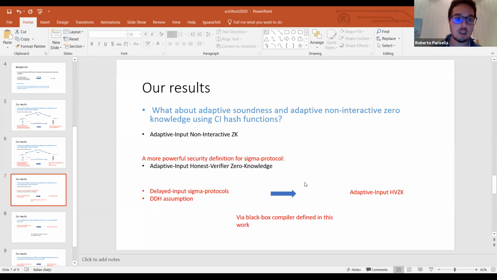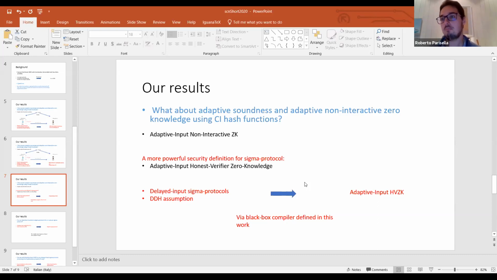And then this property of adaptive input honest verifier zero knowledge is for delayed input Sigma protocols, which are Sigma protocols for which the first message is independent from the statement. So in principle, an adversary can choose the statement adaptively after seeing the first message and the challenge.